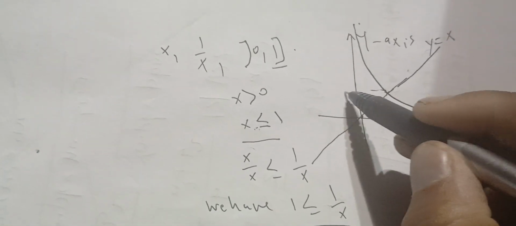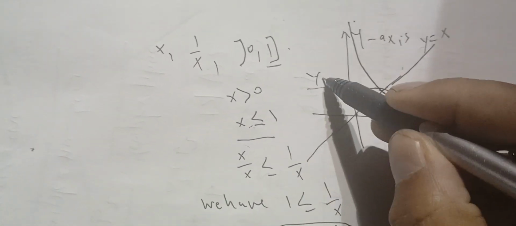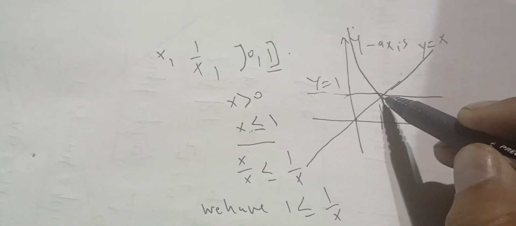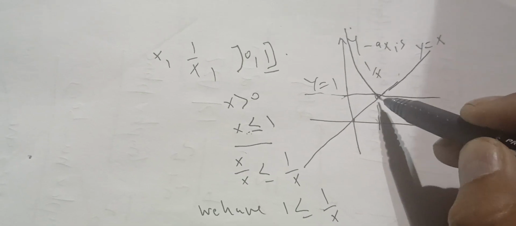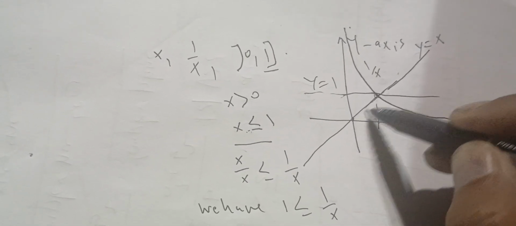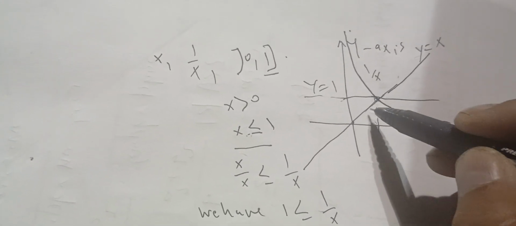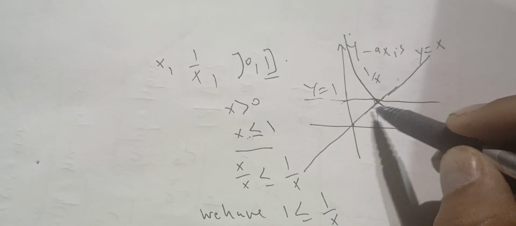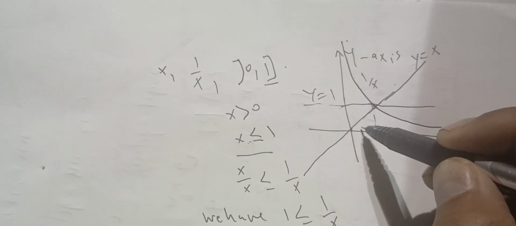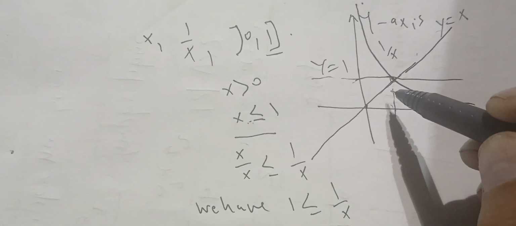This is the line 1. So we see here on this interval, 1 over x is on top of x. That means it's bigger than x. It gets very big compared to x when we get closer and closer to 0.